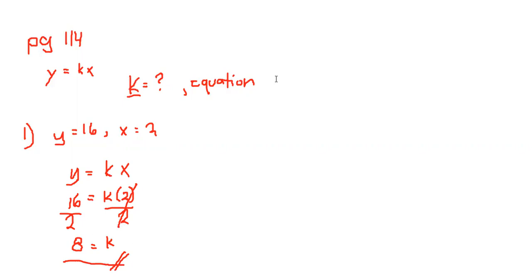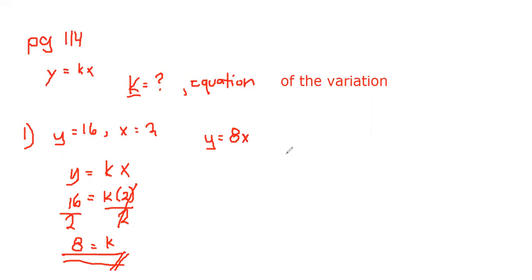Ngayon, pag tinanong naman what is the equation of the variation, ito pa rin yung gagamitin natin. Y is equal to, hindi na natin kailangang isulat si K, kundi yung value na ni K. Y is equal to 8x na. Okay?